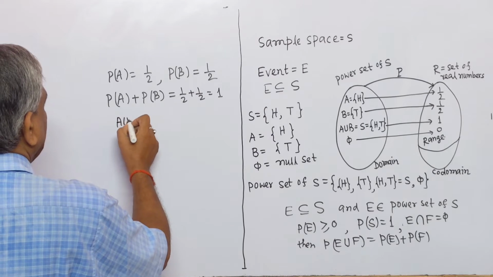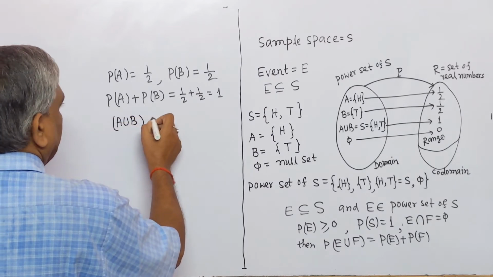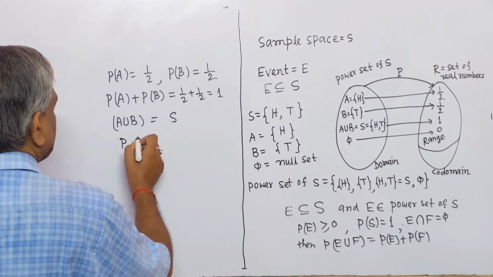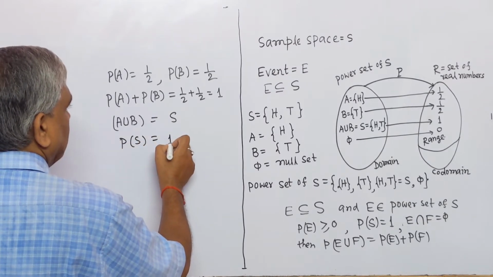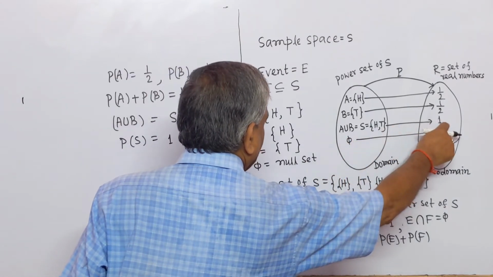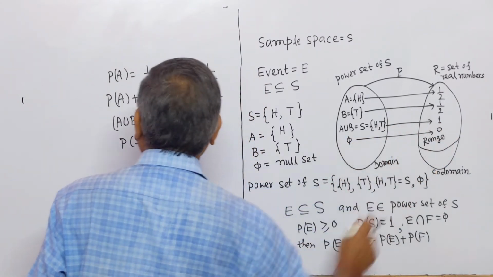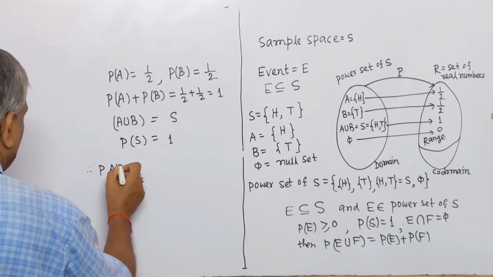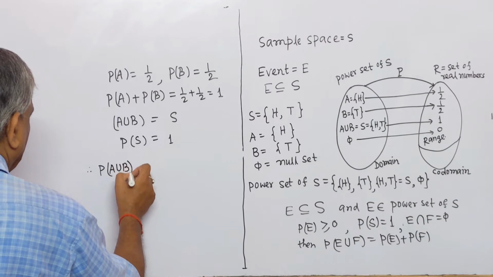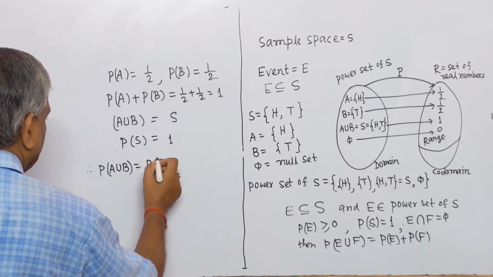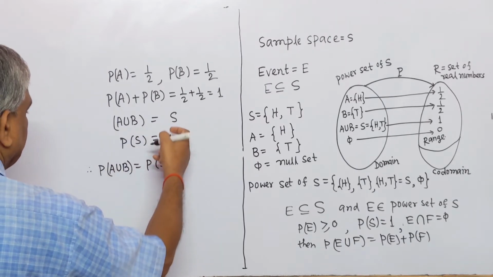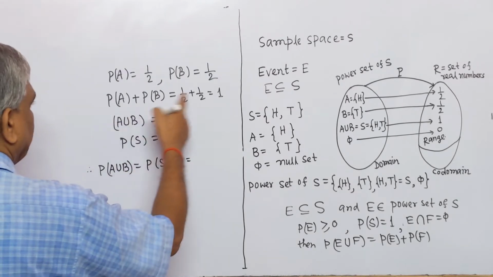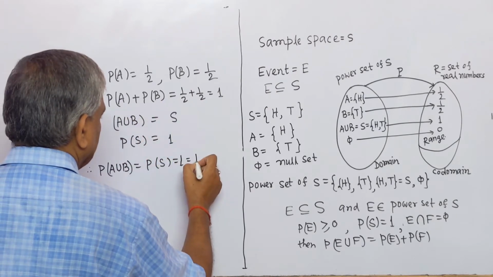A union B equal to S, and P(S) equal to 1. Image of S is 1. Therefore, P(A union B) equal to P(S), A union B equal to S, and P(S) equal to 1. And here we see that 1 equal to P(A) plus P(B).